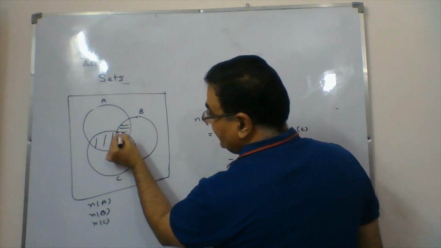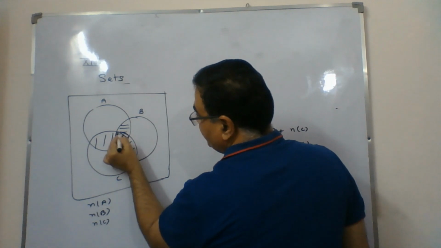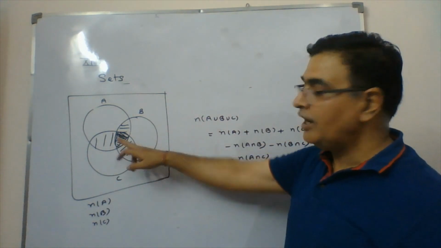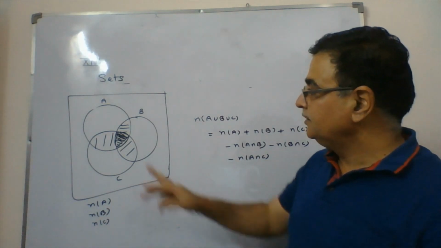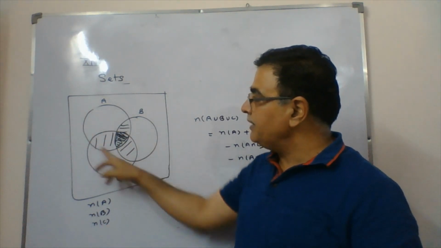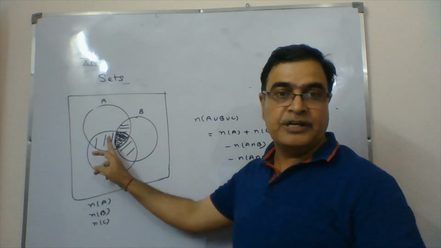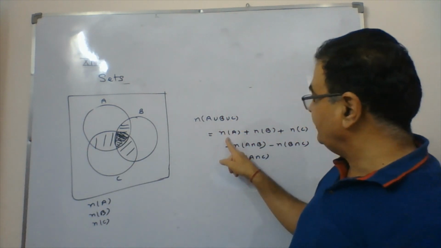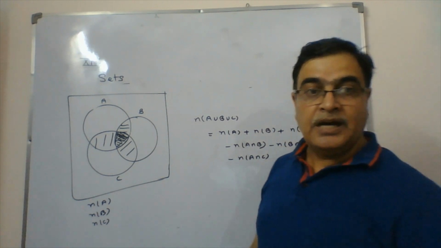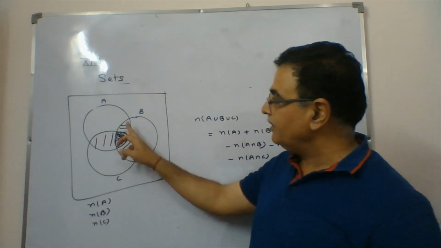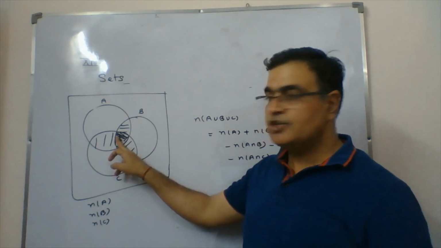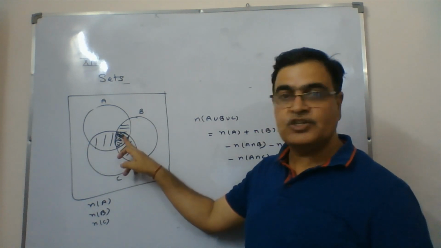But now you take this portion, that is the intersection of all. How many times have you taken this portion? Just check. You have taken this in complete A, in complete B, and in complete C. 3 times you have added: 1 time, 2 times, 3 times. How many times have you subtracted? In A intersection B it was subtracted, in B intersection C it was subtracted, in C intersection A it was subtracted.